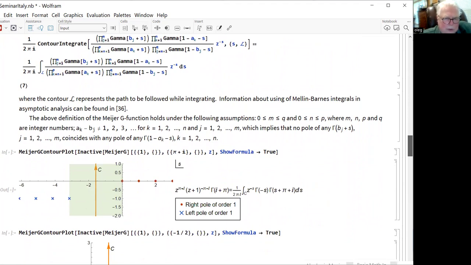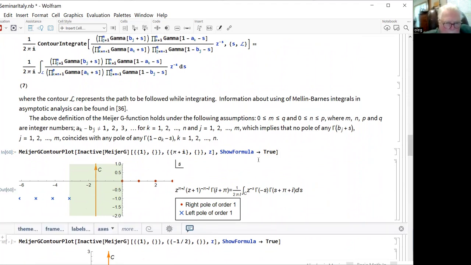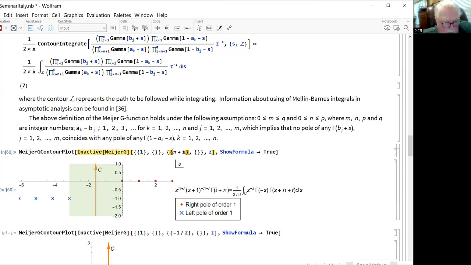Here you can see an interactive plot which was done by my colleague Marco. Let me evaluate this. I can change something, for example, right here 2 pi.